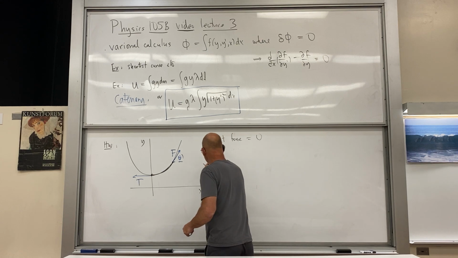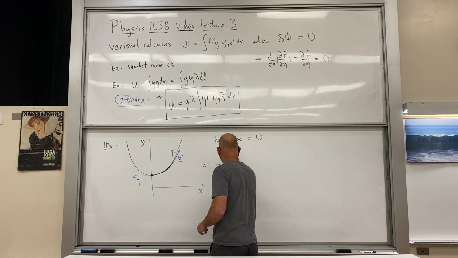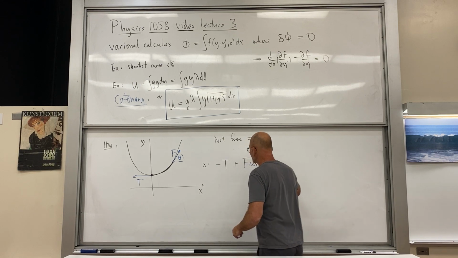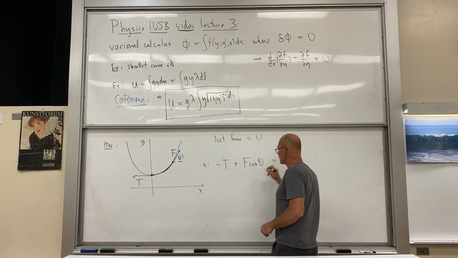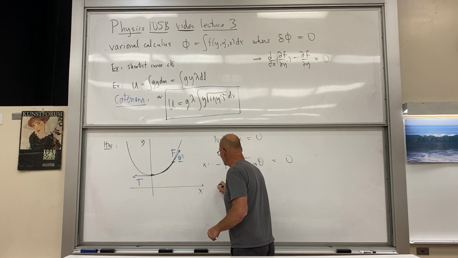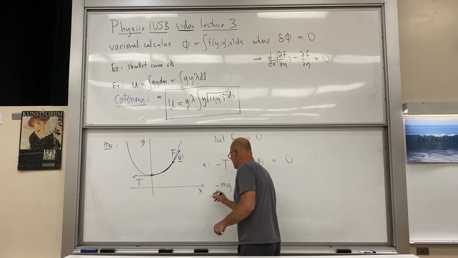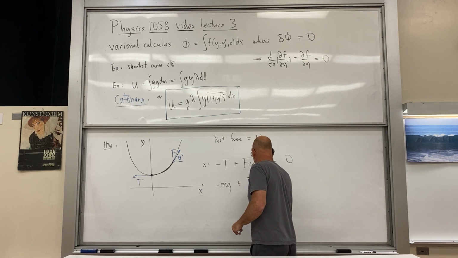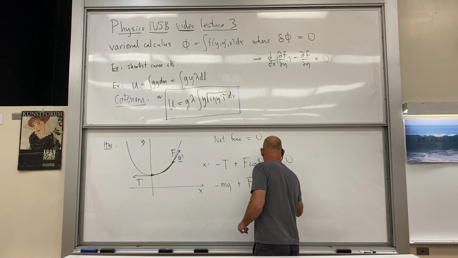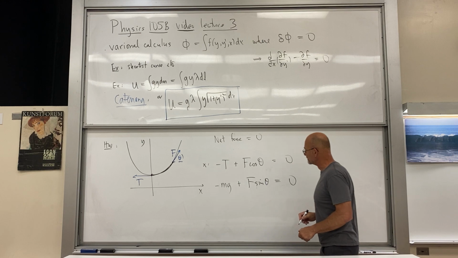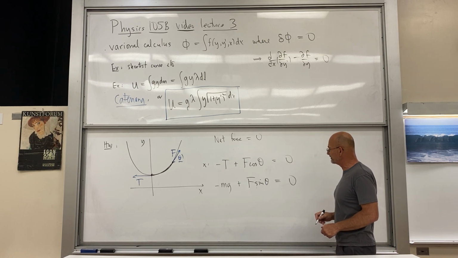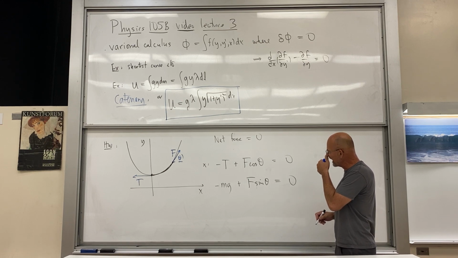And so in the x direction, we say minus tension plus F cosine theta equals 0. And in the y direction, we say minus mg plus F sine theta is equal to 0. And if we eliminate that force, we're just left with a tangent theta.